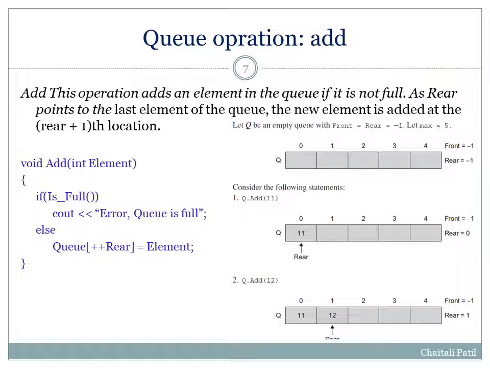So it will go into the else part, and here again a pre-increment operator is there. So the rear pointer will be incremented. Now the rear pointer will point to the value 1 and q of 1 will add 12 here as the next element in the queue. So this is the add operation in a queue.